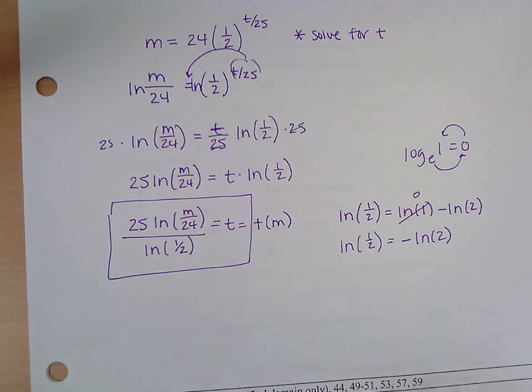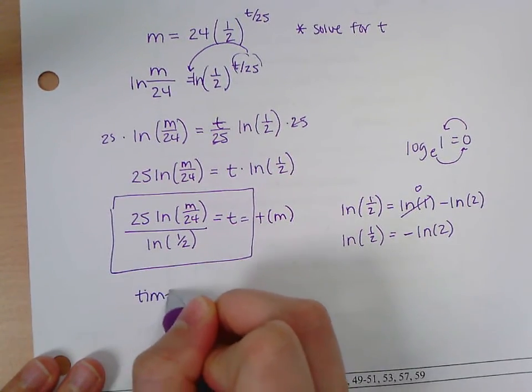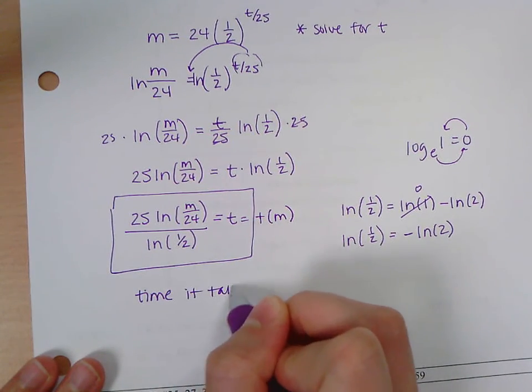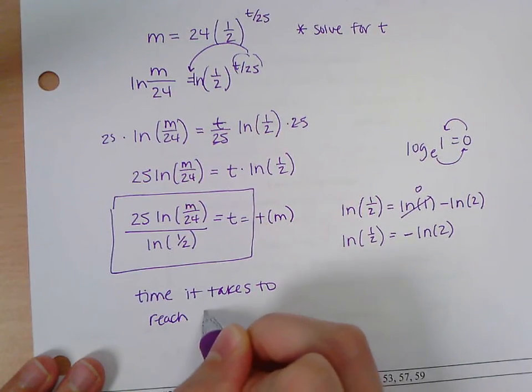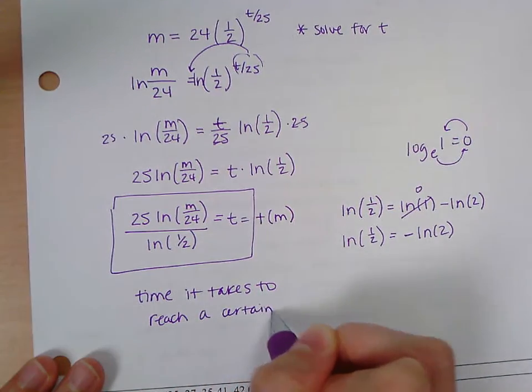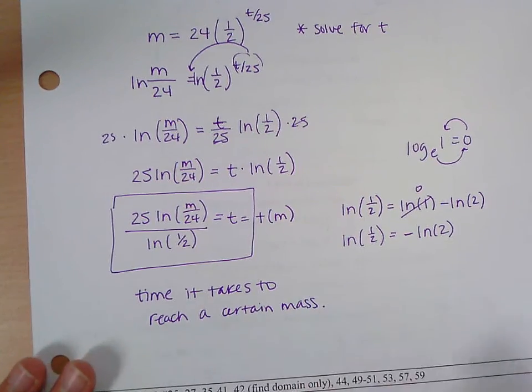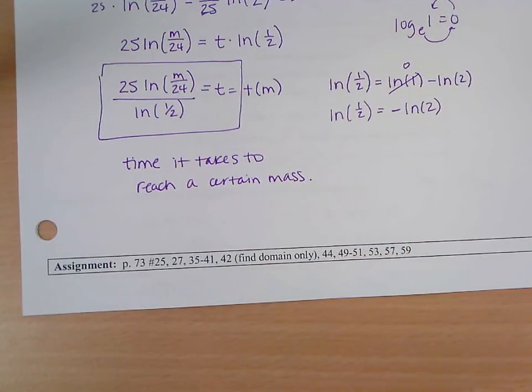So it's representing the time it takes to reach a certain mass. So you might have a question where it says, how long will it take for the strontium-90 to decay to 2 milligrams? So you substitute in 2 for m now into this equation and find the time.